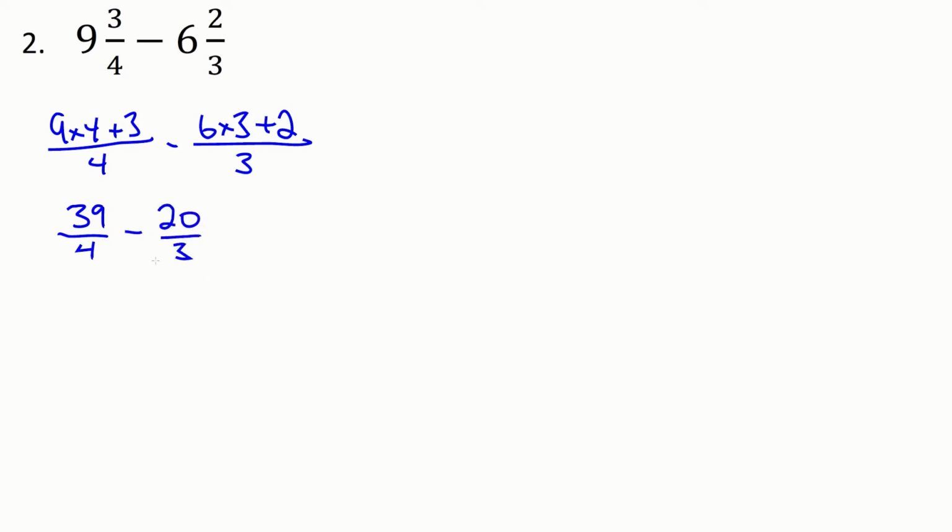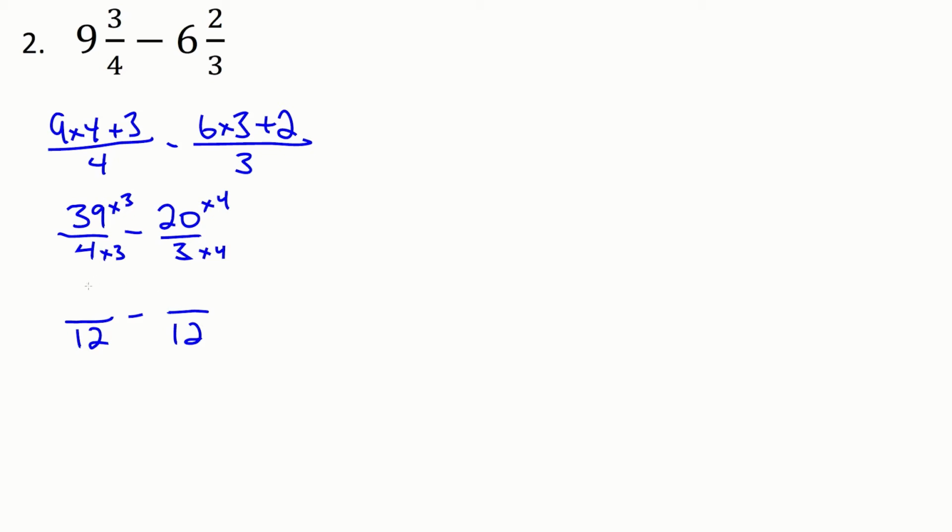Now we need a common denominator between 4 and 3. I'll just do this out loud. 4, 8, 12, 3, 6, 9, 12. 4 and 3 is one of those you'll get pretty used to doing because they're small numbers and they do come up fairly often. So the first fraction gets multiplied by 3 top and bottom, and the second fraction gets multiplied by 4, top and bottom.